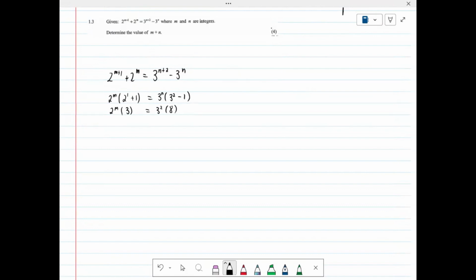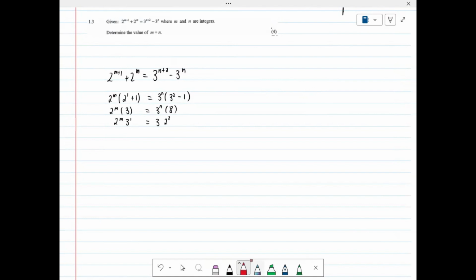Now I'm going to write everything in its factorized form. So this is 2 to the power of m times 3 to the power of 1, and that's 3 to the power of 1, sorry, that should be n, times 2 and 8, we can write as 2 to the power of 3.